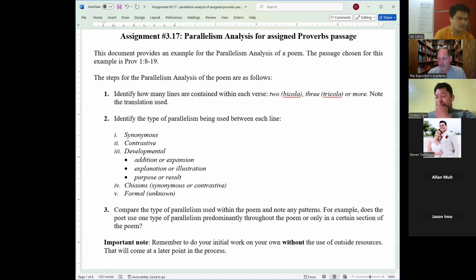And if you remember, I mentioned to you, and you won't have this issue in Proverbs, but sometimes you'll have one translation that has 2 lines and another one may have 3 or some other different number. And I went through the reason for that. It has to do with the Hebrew accent marks, and we talked about that in class a little bit. You don't have to go into the Hebrew and figure it out.